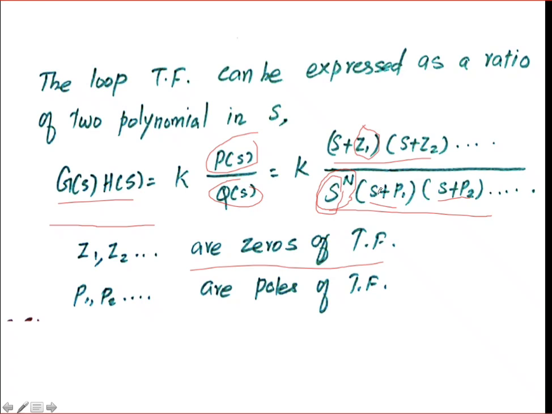The pole is available at the origin. In this particular case, there are n poles available at the origin. We do not know the value of n, hence we can say that n poles are located at the origin of the loop transfer function.